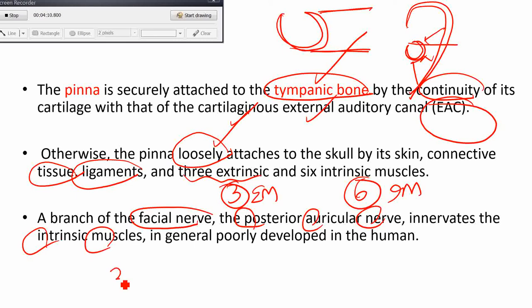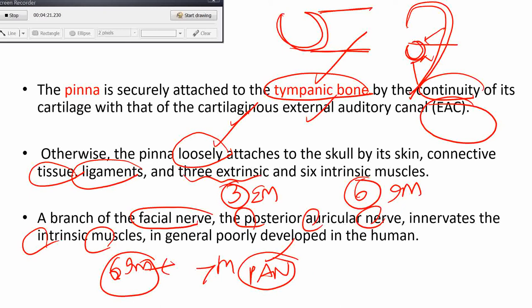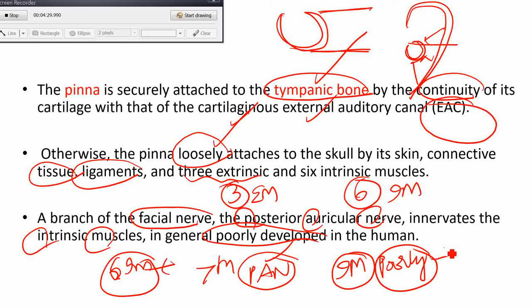So the six intrinsic muscles are innervated by the seventh cranial nerve, the posterior auricular nerve, and they are poorly developed.